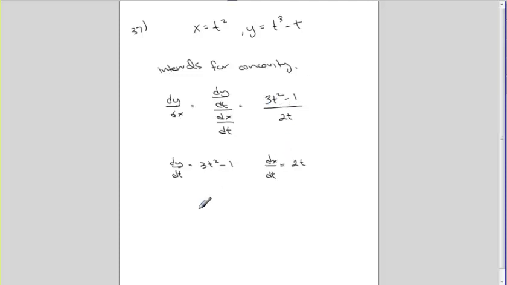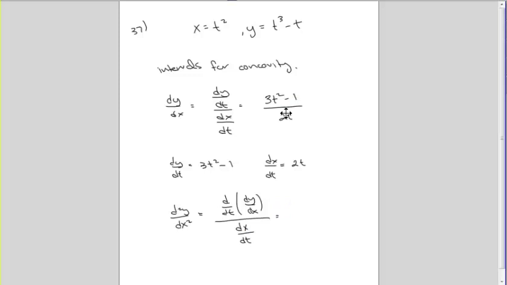And now what we do is we take the derivative of this with respect to t again to get the second derivative, d squared y dx squared. We take the derivative with respect to t of dy dx, and we divide by dx dt.